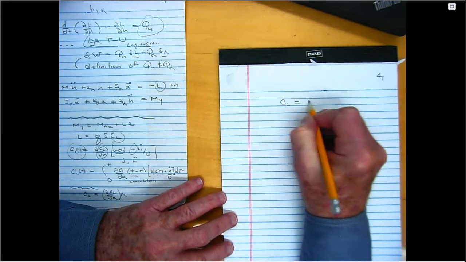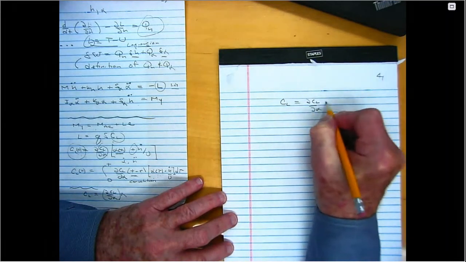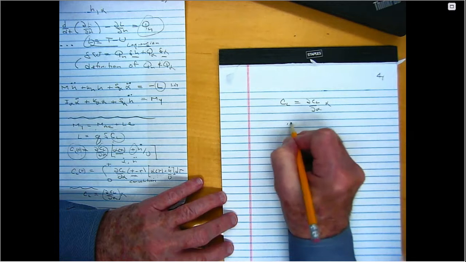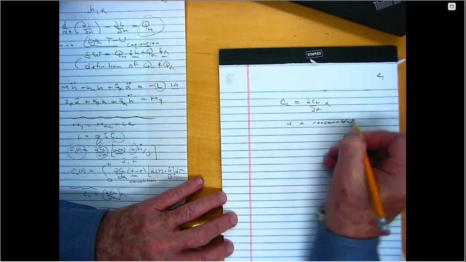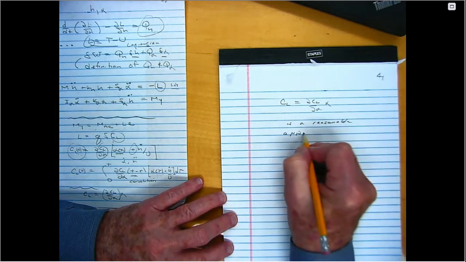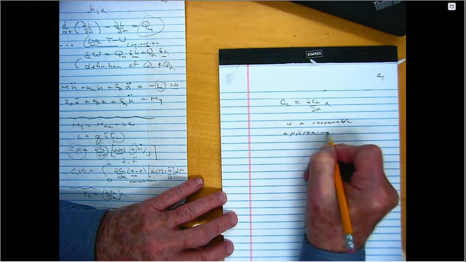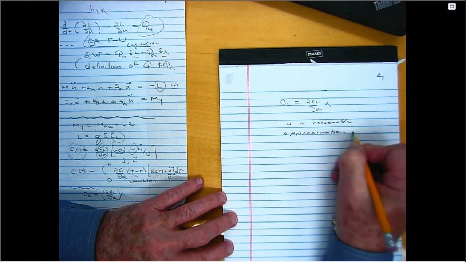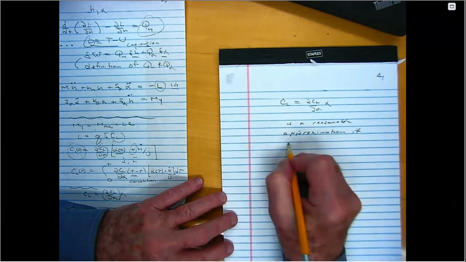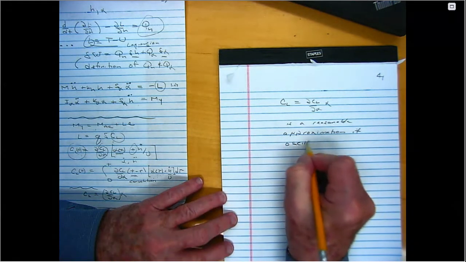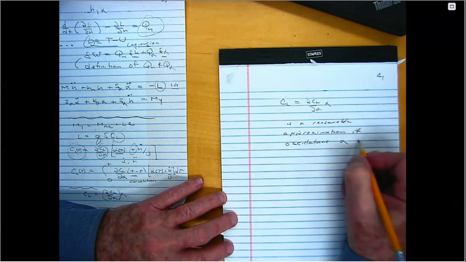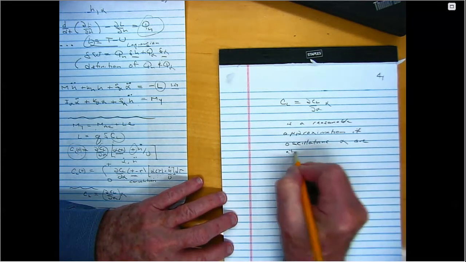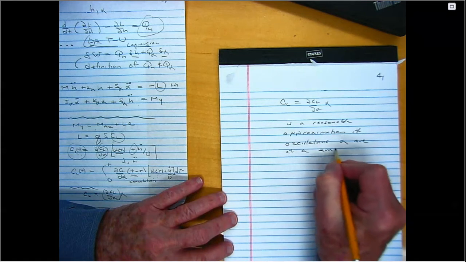CL is a reasonable approximation if oscillations, and we're usually looking at oscillations in alpha, are at a small enough frequency.